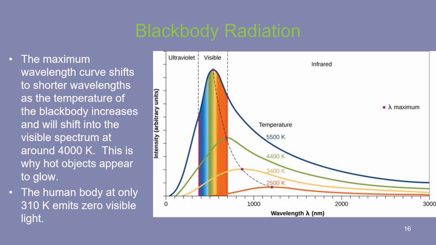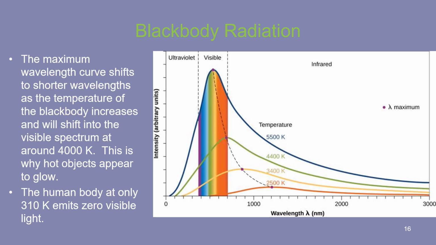So what this chart is showing us is that if you increase the temperature of a black body, here you've got 2500 K, 3400 K, 4400 K, 5500 K, notice that there is a shift into the visible light.